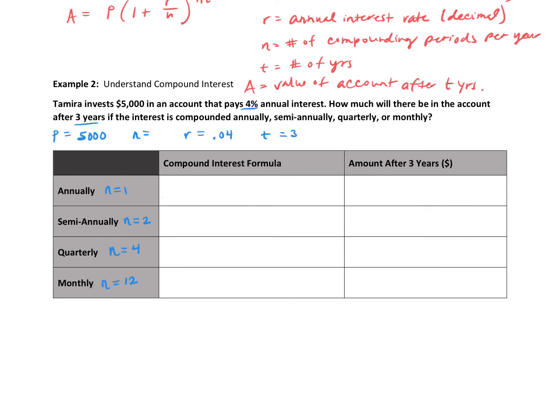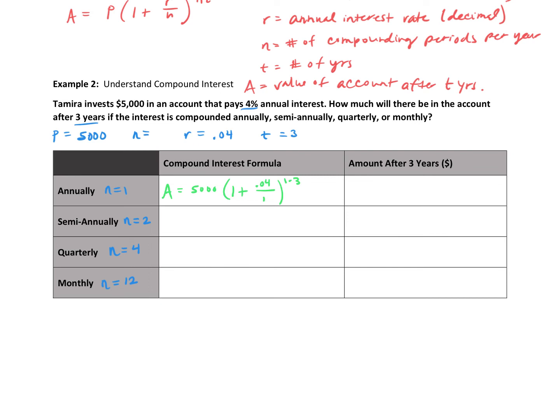So the formula: A equals P, 5,000, times (1 plus our rate, 0.04, divided by N). For this example, N is 1. We're going to raise it to the N times T power, so 1 times 3. And then we will calculate this.